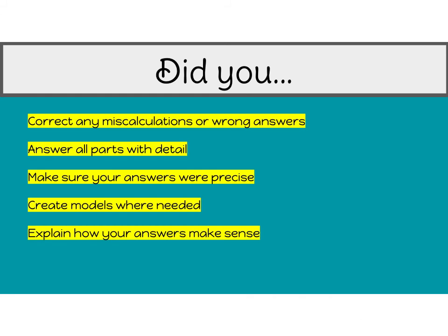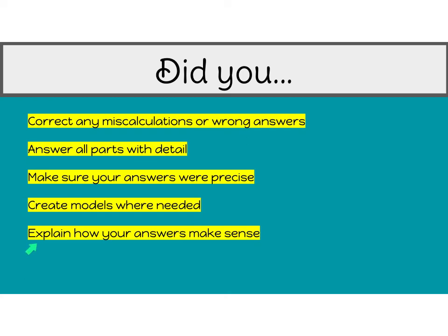Some things to think about as you go back to revise and edit your own work. Did you correct any miscalculations or wrong answers? Did you answer all parts with detail? Did you make sure your answers were precise? Did you create models where needed?